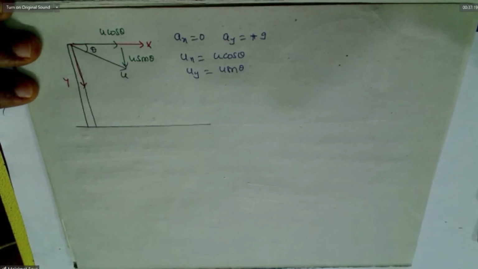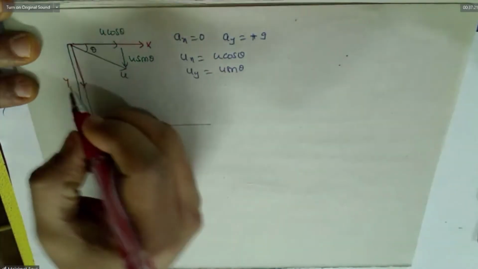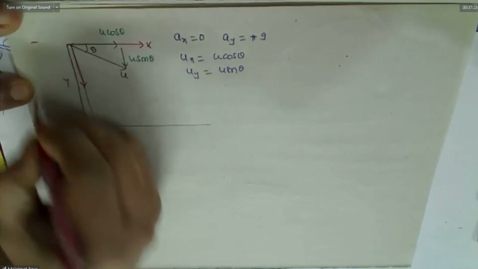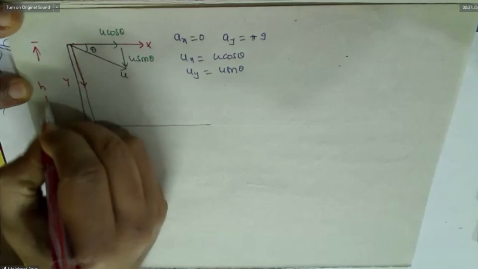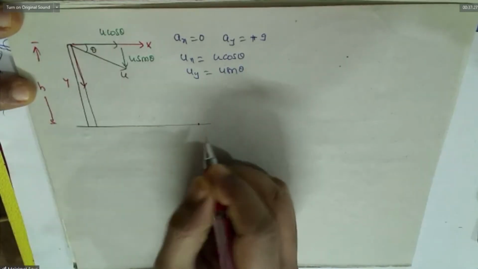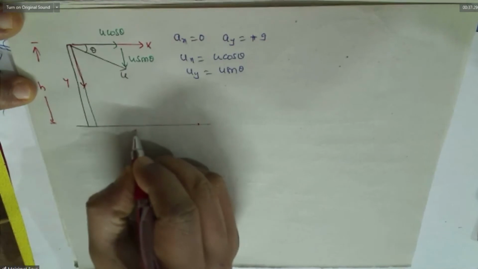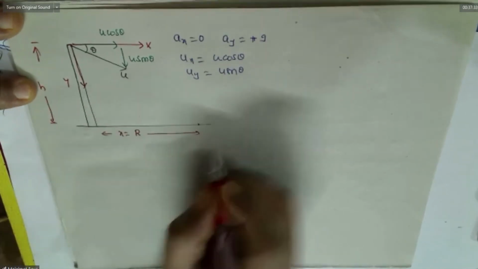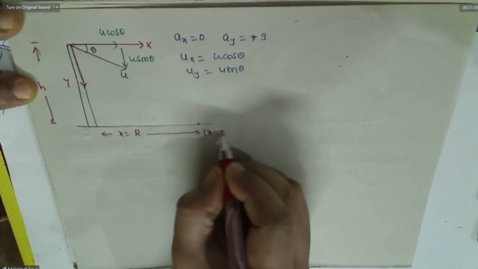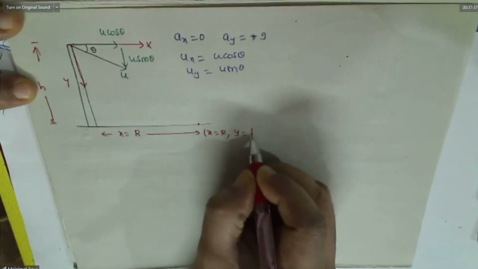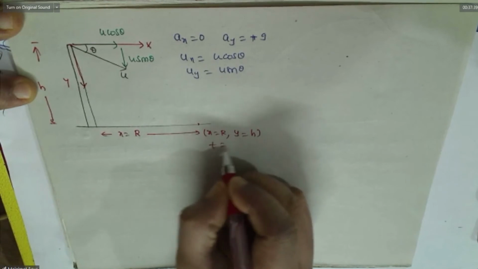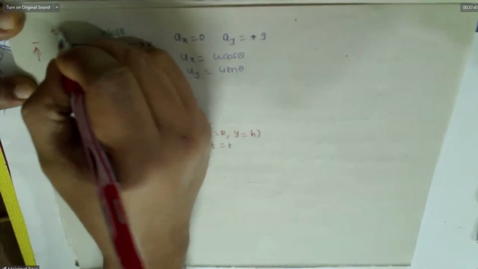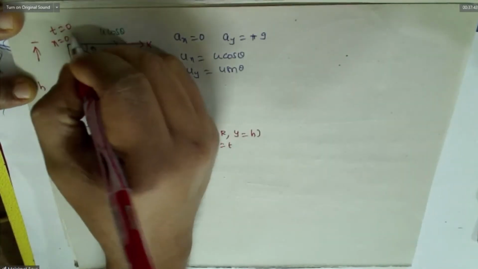Agreed. Now, as usual, if h is the height of the tower, the particle reaches here, this is x equal to r. At t equals 0, x is 0, y is 0.